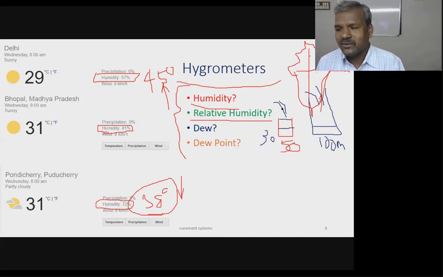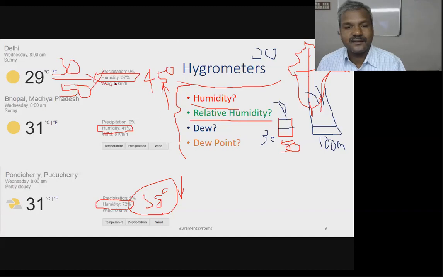Understand? So if you calculate the amount of water vapor present in this cup and this cup, similar to humidity, you calculate just 30 ml water. 30 ml divided by 50 ml, into 100. This is the percentage of relative humidity.